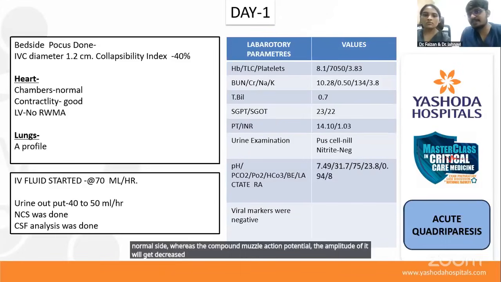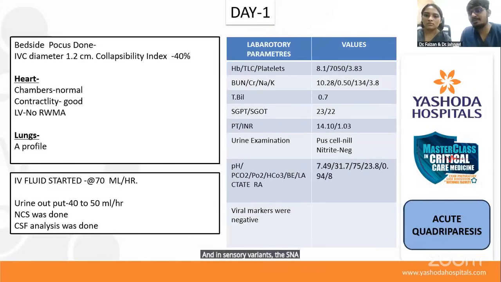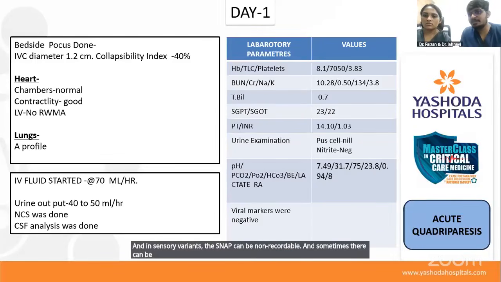And in sensory variants, the SNAP can be non-recordable. And sometimes there can be overlap, with AIDP with secondary axonal involvement, which can again decrease the amplitude of the compound muscle action potential.